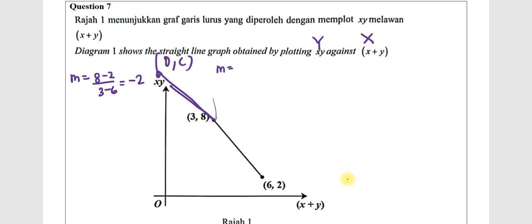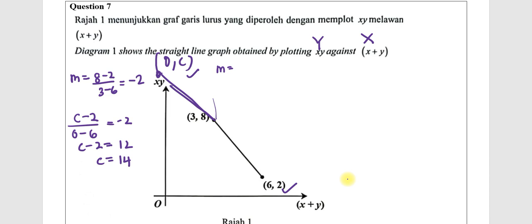Ready now. Use the C to get the same gradient. C minus 2 over 0 minus 6. I take this point and this point. C minus 2 over 0 minus 6 equal to negative 2. So C minus 2 is equals to 12. C is equals to 14. Okay, right.